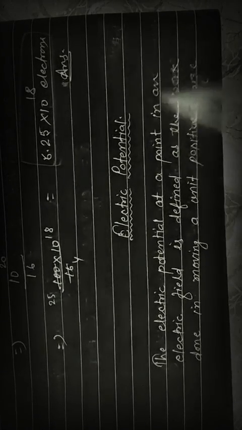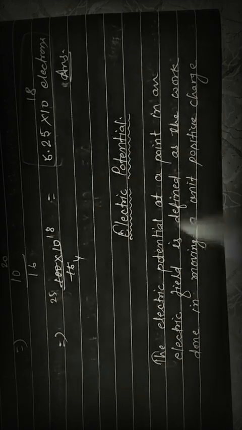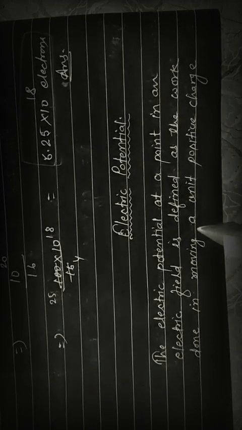It is denoted by capital V and its SI unit is volt. Once again I am reading, then I will explain. Listen carefully. What is the definition? The electric potential at a point in an electric field is defined as the work done in moving a unit positive charge from infinity to that point, and it is denoted by V and its SI unit is volt.